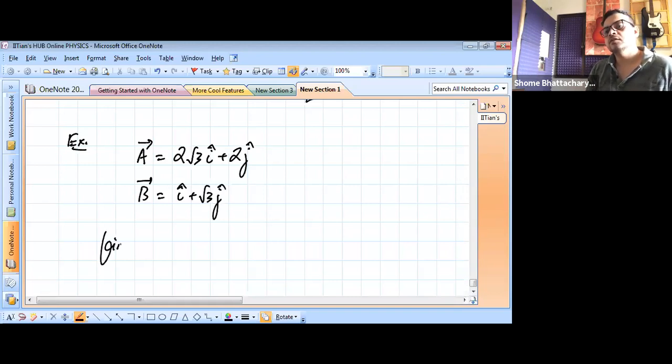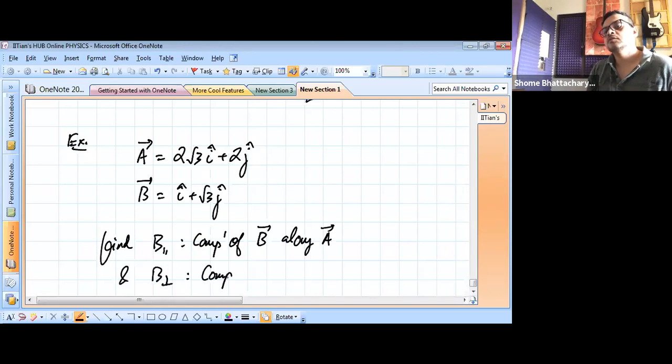Now find B parallel, that is the component of the vector B along the vector B, and B perpendicular, component of vector B perpendicular to vector B. Just try this out, people.